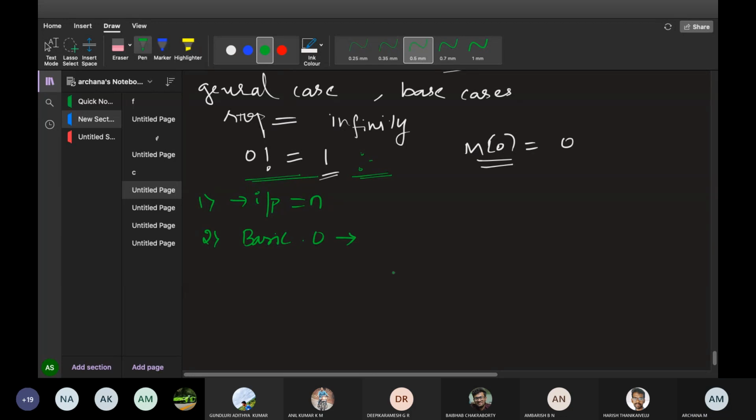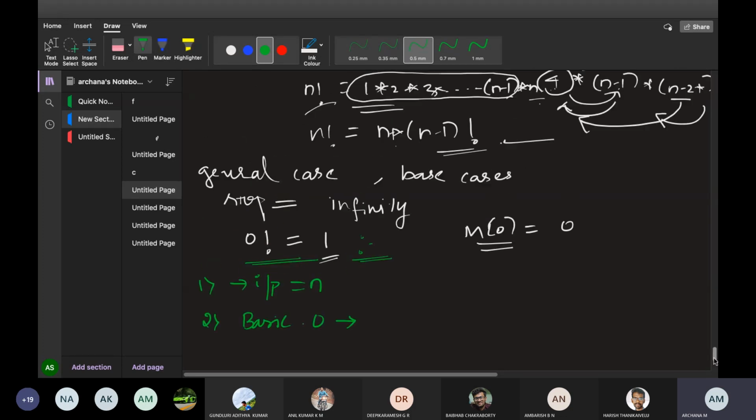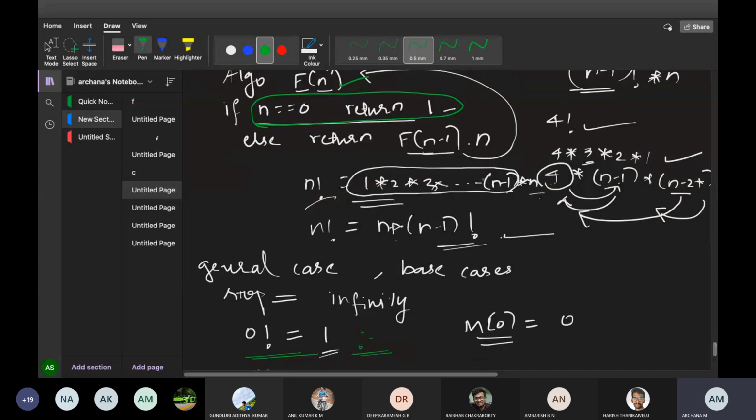Vaibhav? Anyone? What will be the basic operation according to the program which I have written? Look here, what is the basic operation within the if statement? Can anyone tell me the answer now?